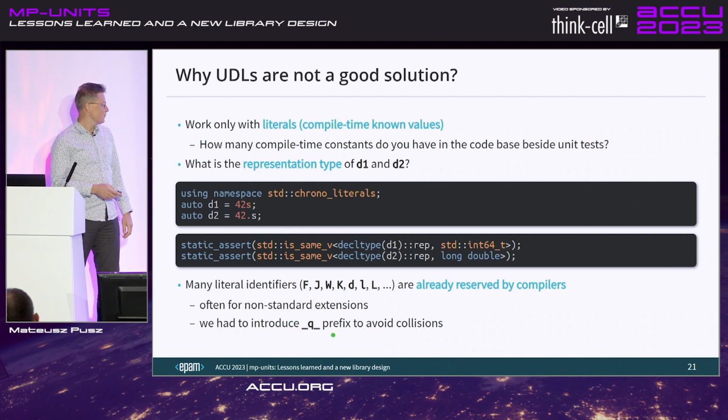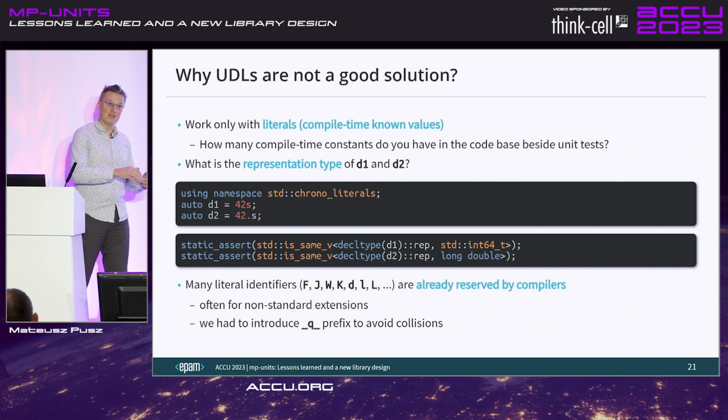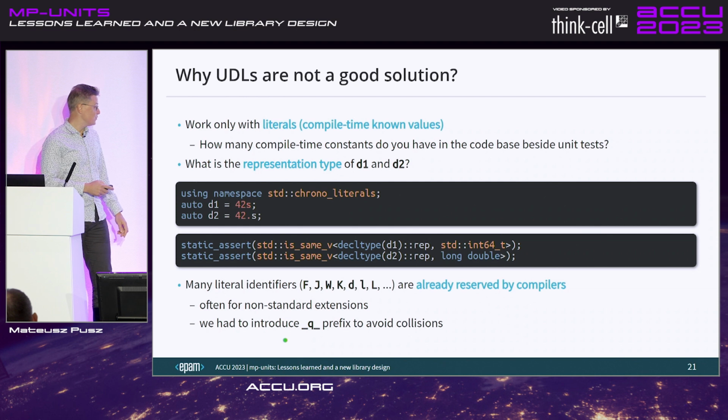I introduced this _q_ prefix to all of the UDLs, so they do not collide. Of course, for my library, if this was meant only to be a library outside of the standard, well, the prefix is enough, right? It will not collide with those, but at some point we were meant to remove this prefix in case it would be standardized. And then the collisions will happen, so we did this investigation.